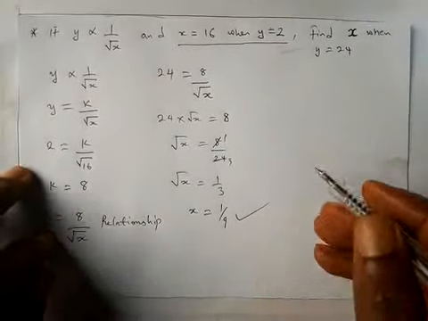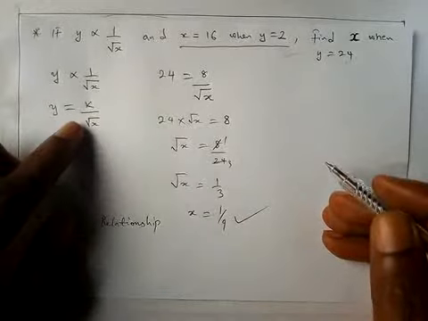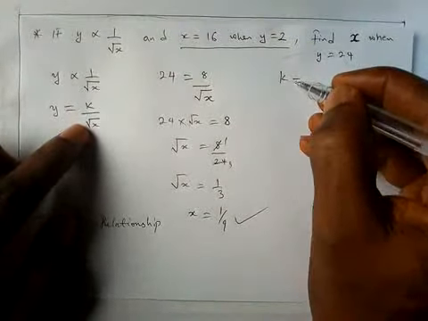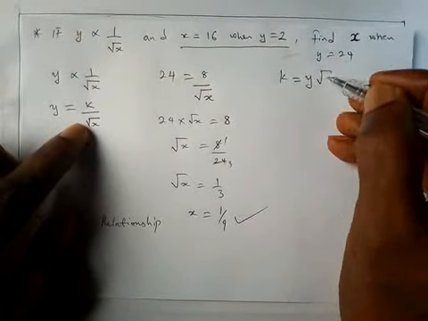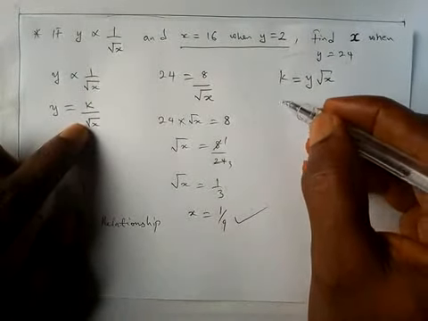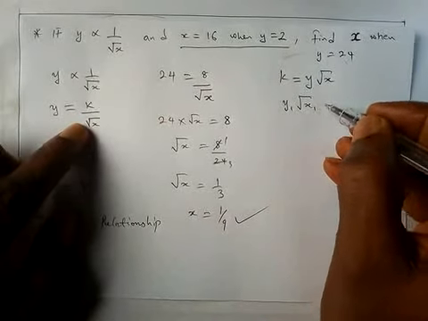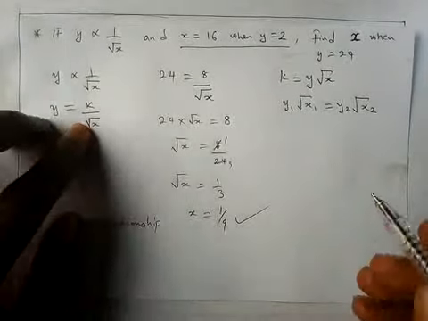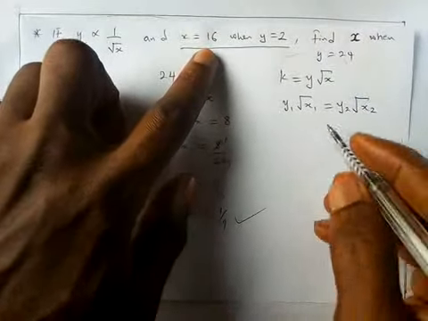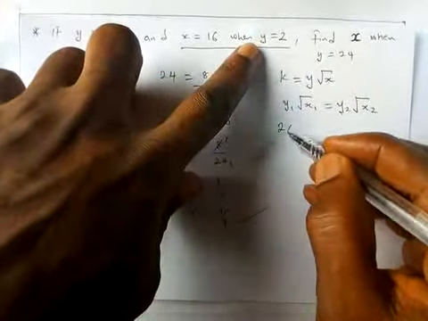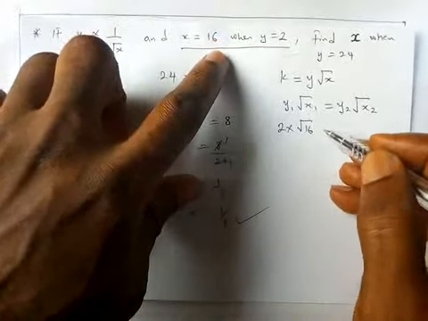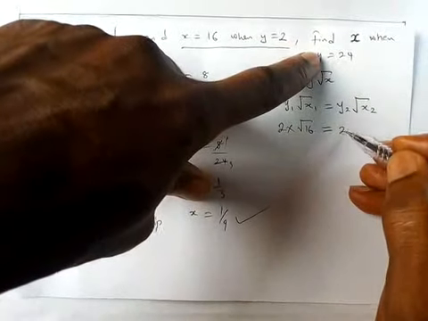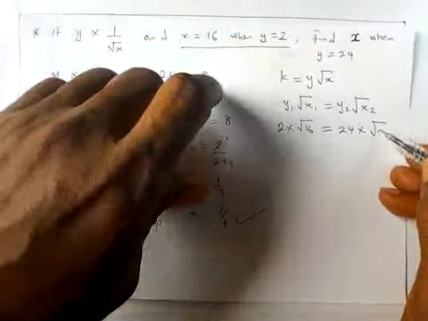Now let's use the second method, going direct. From this point, you see that k is equal to y root x. So it simply means y1 root x1 is equal to y2 root x2. So for the first case, when x is 16, y is 2, so put 2 times root 16 is equal to, for the second case, when y is 24, we're looking for x.